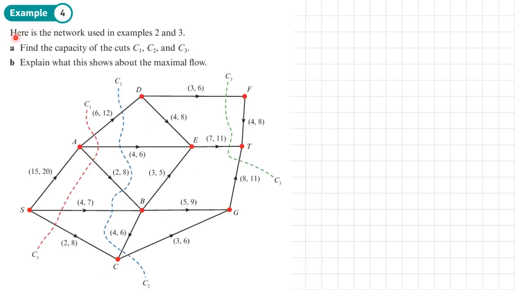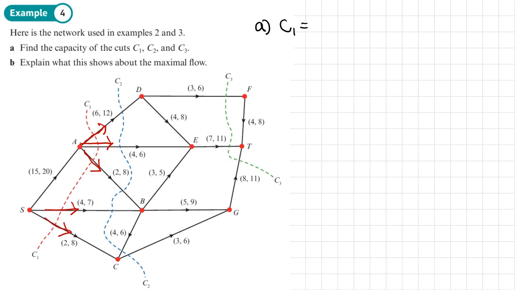Example 4. Here is the network used in examples 2 and 3, and what we need to do in part A is find the capacity of the cuts C1, C2 and C3. So let's start with C1. So we want to see which way each of the arcs is flowing. So that flows in, this flows in, that one flows in, this one flows in.